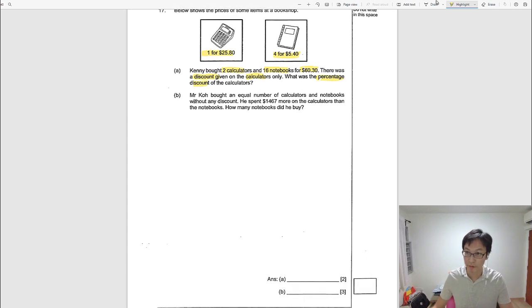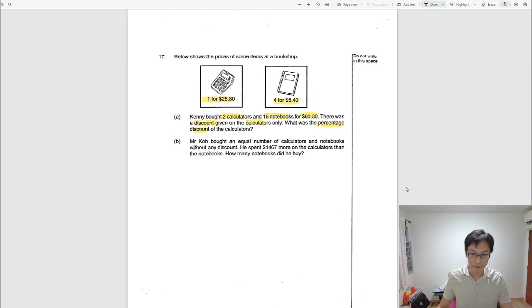Okay, part A should be quite straightforward, right? So first of all, let's find the total cost for the calculators and notebooks without discount. Then we can take the money minus off the discounted price to find the discount. So for part A, let's find 2 calculators and 16 notebooks without discount.